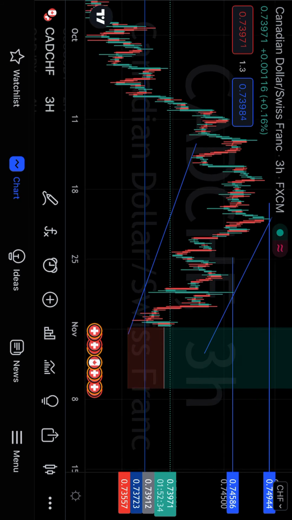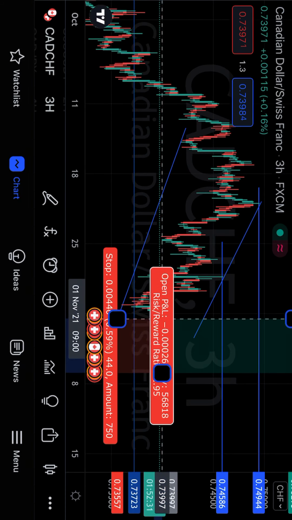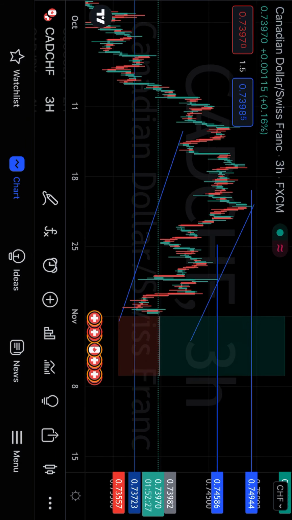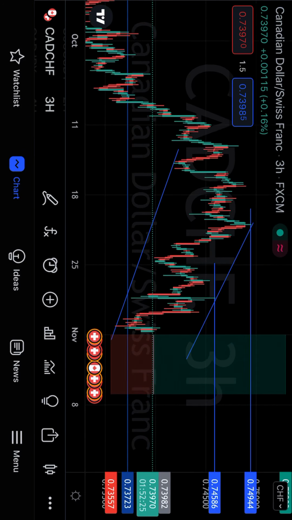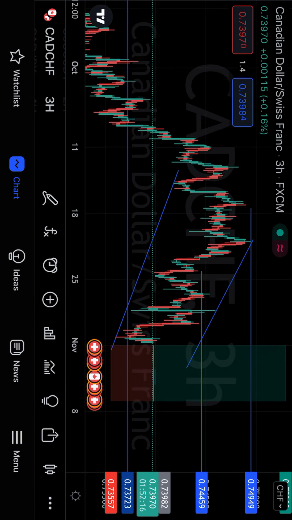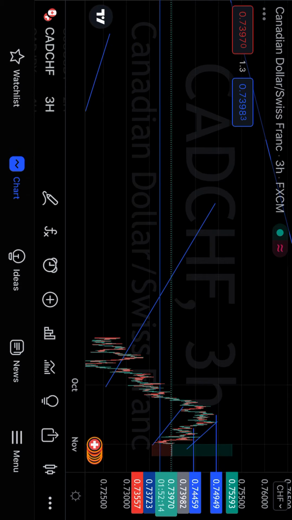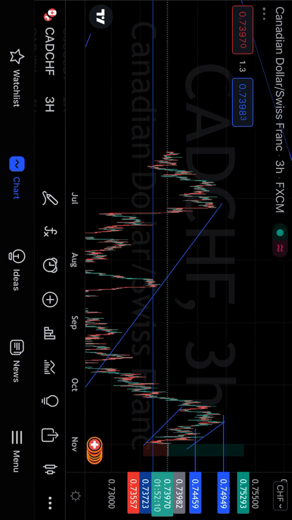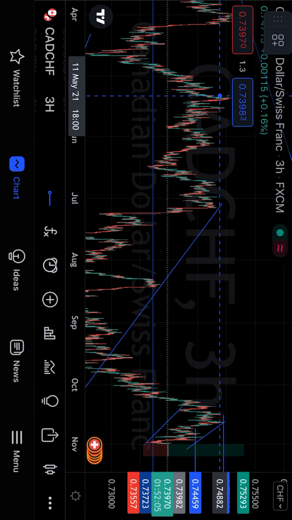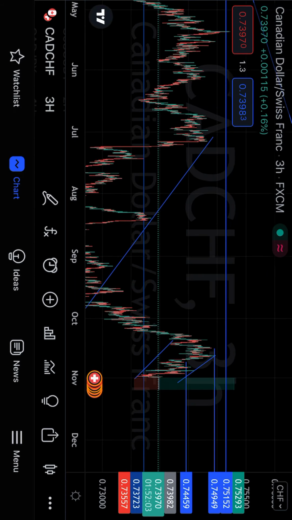So that's why I'm gonna be taking my buys from here. I'm gonna be taking my buys from here with my take profit 1 here, take profit 2 here, and then my take profit 3 should be at this point.